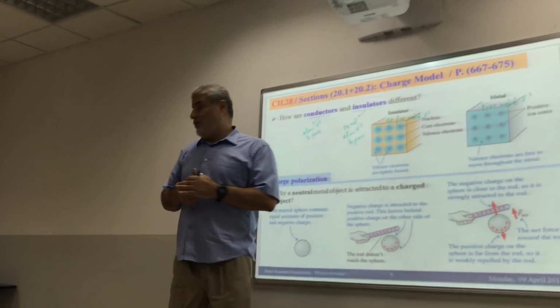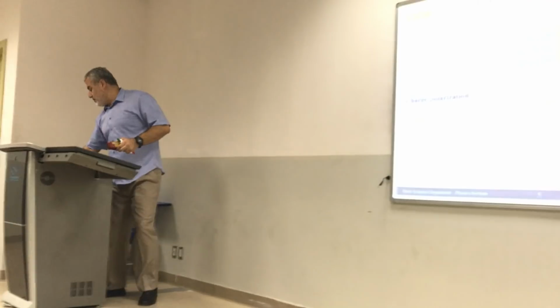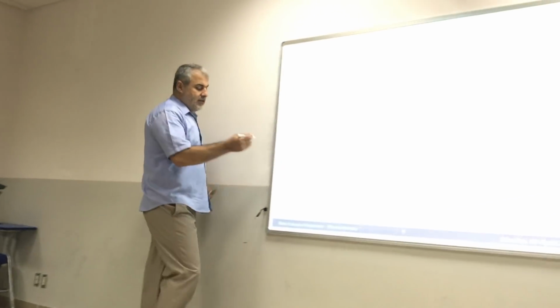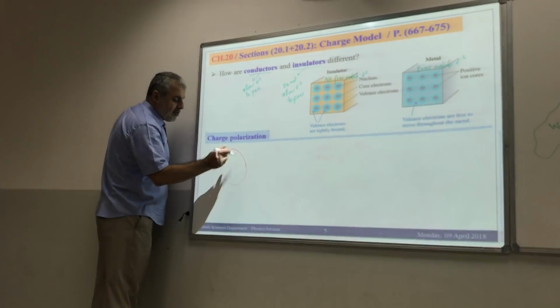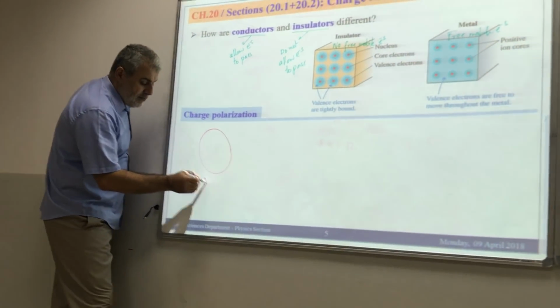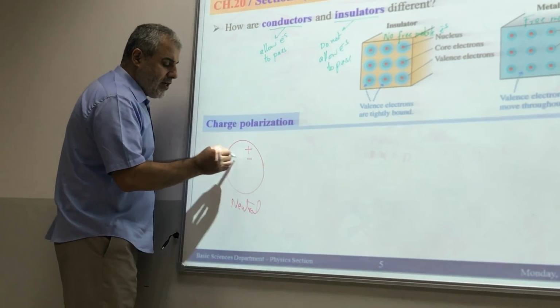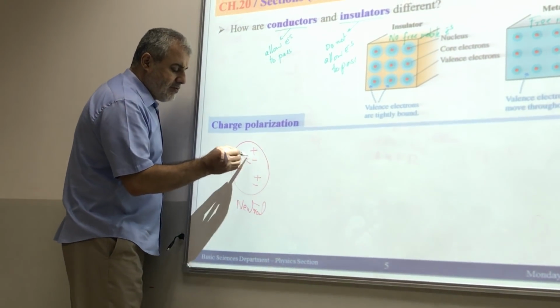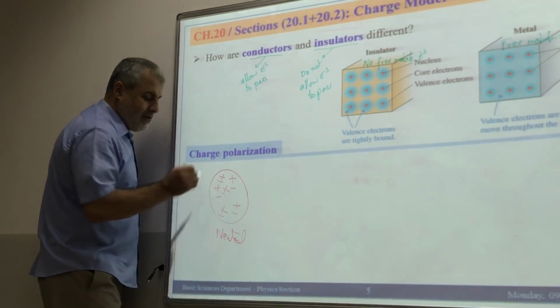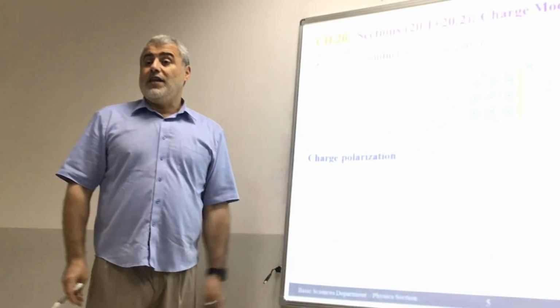Now I need to explain this for you before I explain something. So pay attention. If I say I have an object, just like this is a metal sphere, it's neutral. When I say neutral, I mean that all the charges are mixed, right, guys? Like this. Just draw it like this.